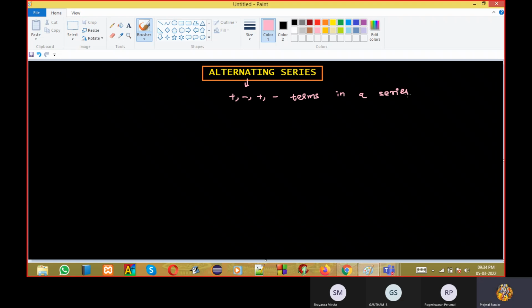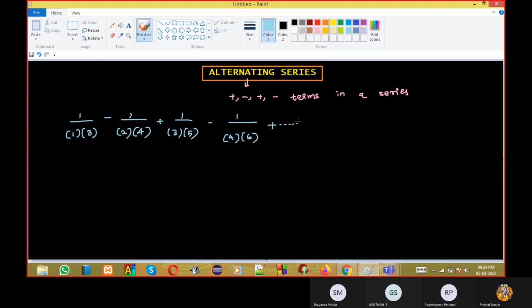Suppose you take an example: 1 by 1 into 3 minus 1 by 2 into 4 plus 1 by 3 into 5 minus 1 by 4 into 6, something like this. This is an example of an alternating series. Why? Because this term is positive, this is negative. You understand? This is the meaning of alternating series.